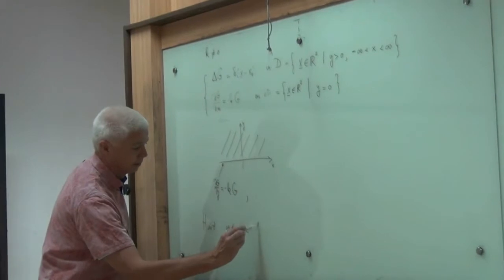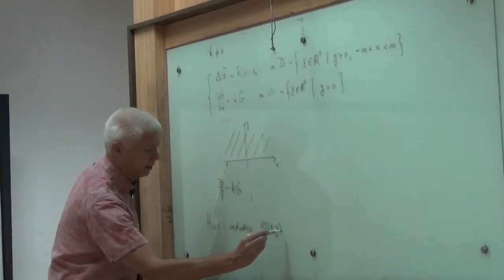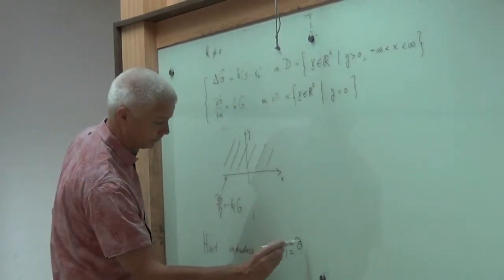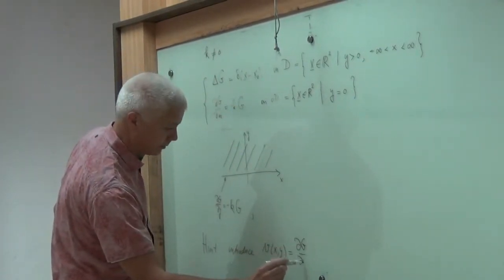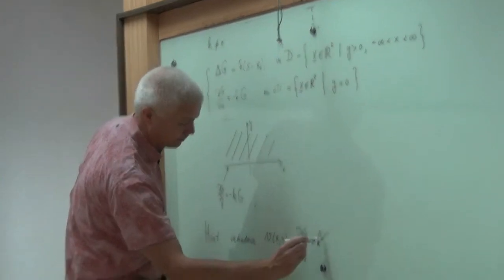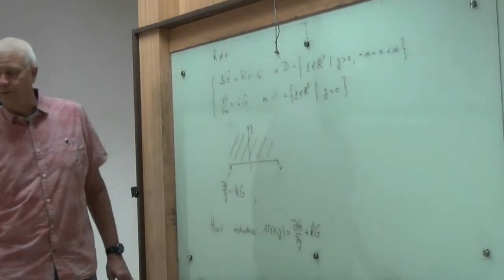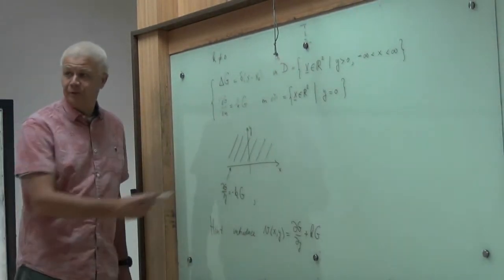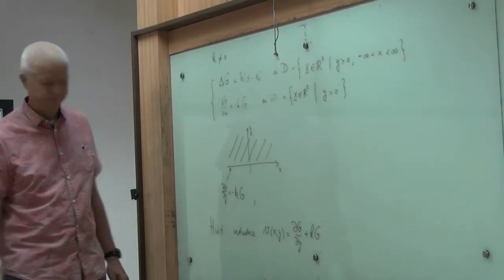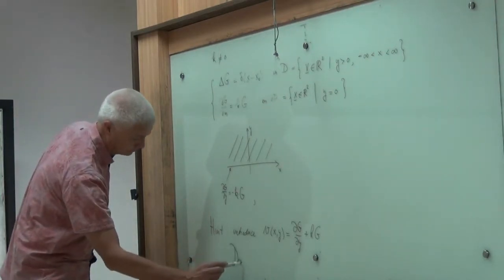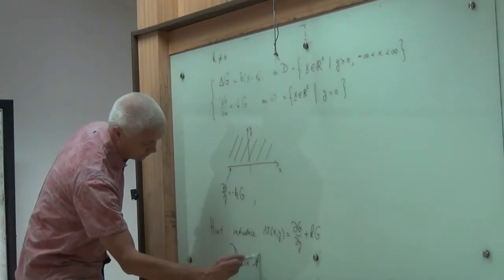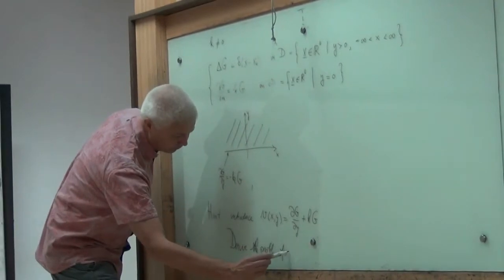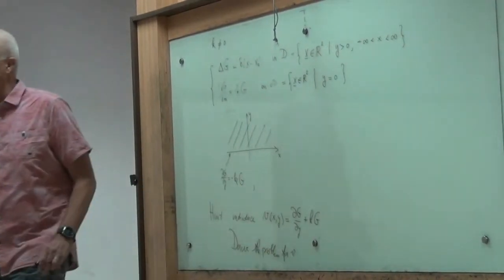Introduce a new function v, which is equal to the g_y plus k g. And then derive the problem for v, and then try to solve the problem for v.